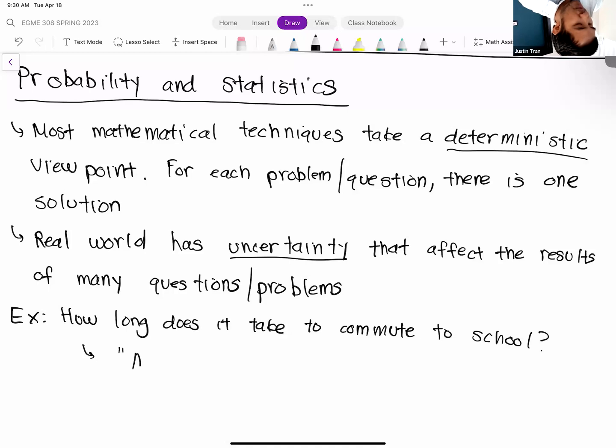You'll probably hear people say approximately something. No one can tell you with certainty that every day their commute to school is going to take 25 minutes and 42 seconds. It's impossible to predict down to the second how long it takes you to come to school.